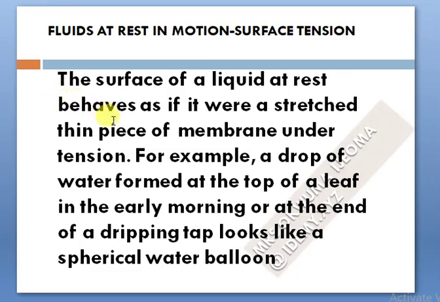Now, the surface of a liquid at rest behaves as if it were a stretched thin piece of membrane under what? Tension. As I've said before, a drop of water formed at the top of a leaf in the early morning or at the end of a dripping tap looks like a spherical water balloon. So you find out that the drop of water at the mouth of the tap is spherical in shape, just like your balloon.